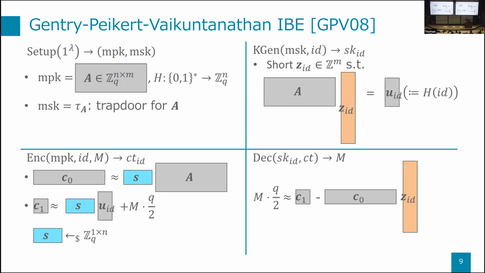Then a ciphertext for ID is a dual Regev encryption for matrix A and vector u_ID. Finally, decryption can be done by computing the inner product between the ciphertext and secret key.